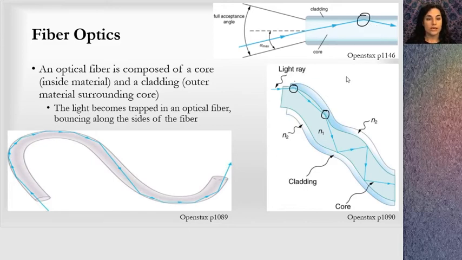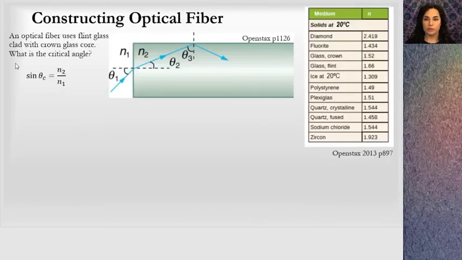What you're seeing is that we're going to want the N2 in this situation less than N1. N1 will be a denser glass or plastic, and N2 will be a less dense glass or plastic. And once you've done that, once you set it up, you can see that you can transmit light along that fiber optic cable.